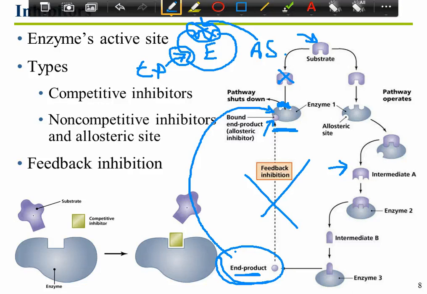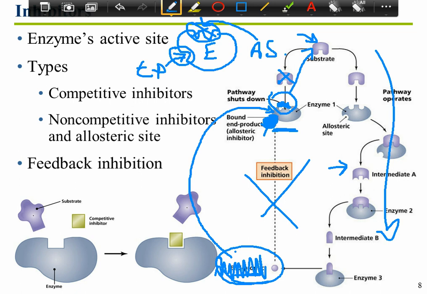Now, presumably this end product is being used by the cell, right? So when there's not enough end product anymore because it's been using it, that means there's not enough end product to bind to the enzyme site. And now the enzyme changes its shape again, and the active site becomes functional, and it starts reacting with the substrate again, and you get the pathway.